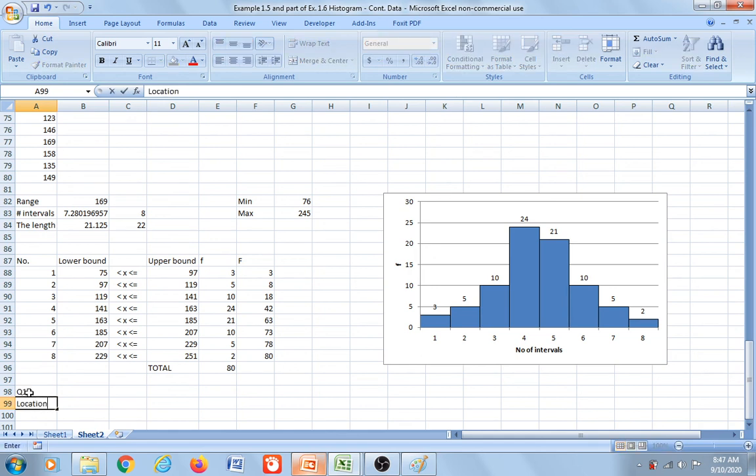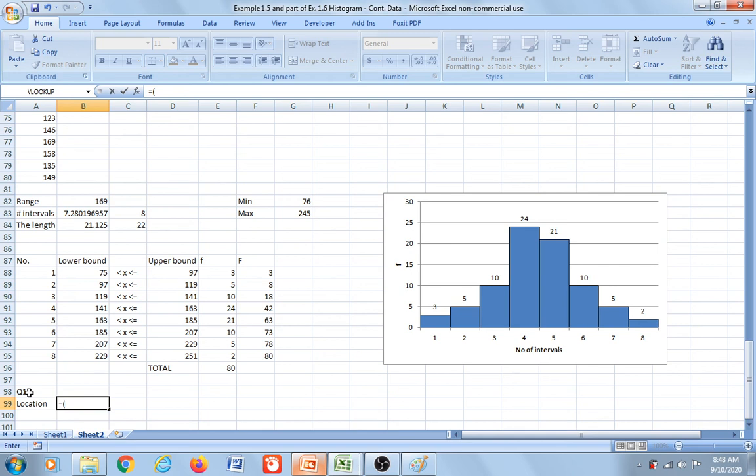The location of Q1 is (n plus 1) divided by 4, right? So Q1 is the (n plus 1) divided by 4th of the data.